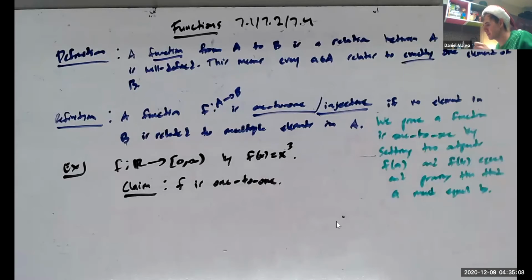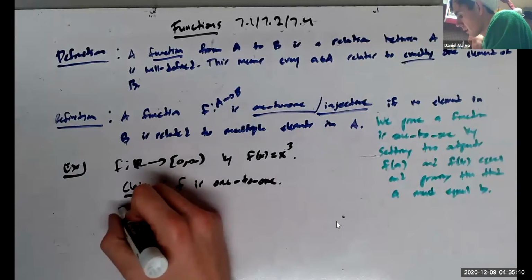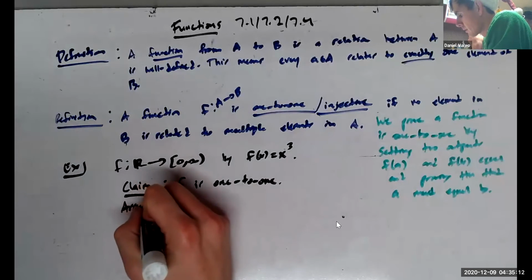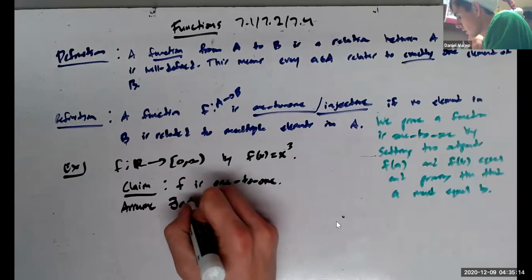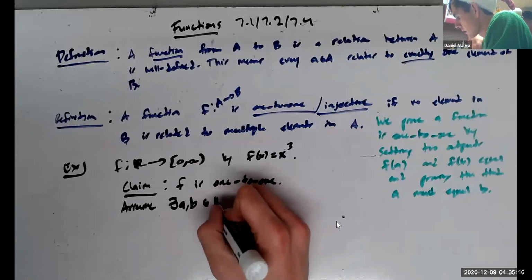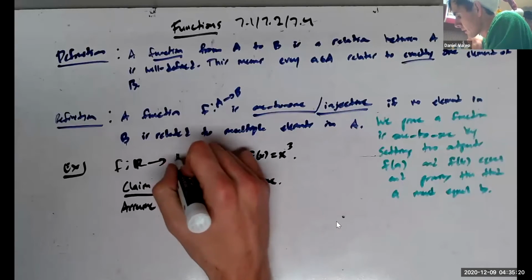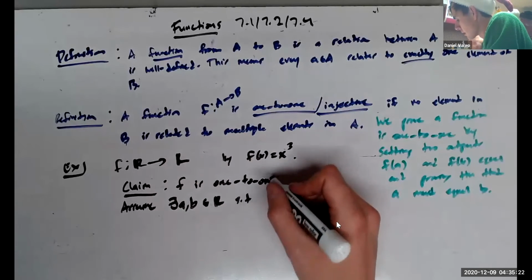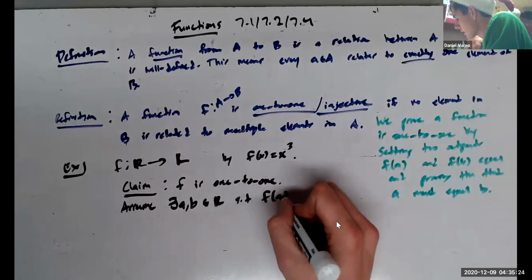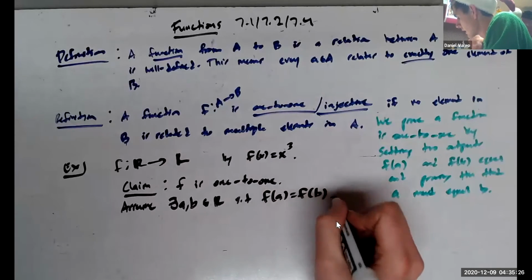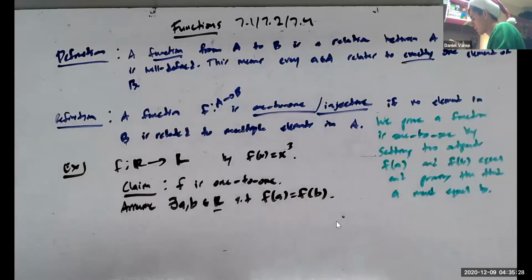So assume there exists A and B in R. This should be R to R, I'm sorry. A and B in R such that f of A equals f of B. We use R here because it's for the domain.